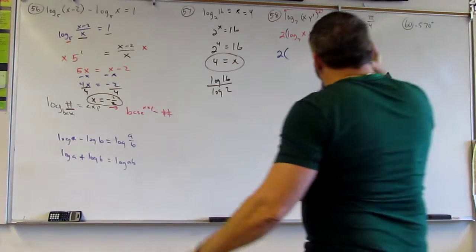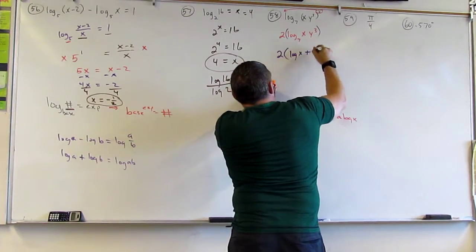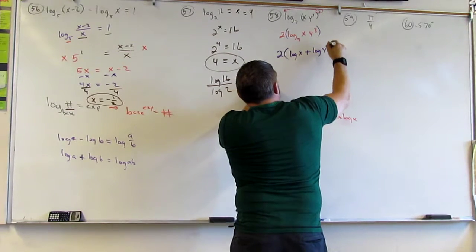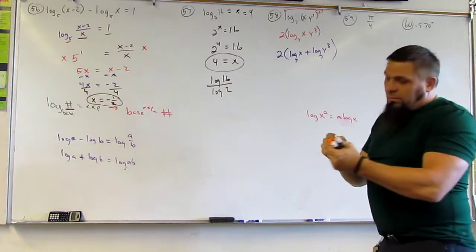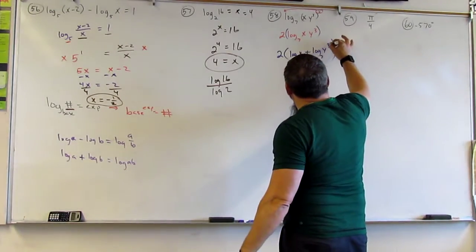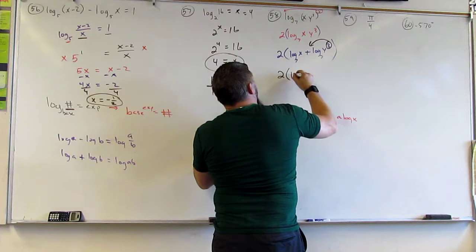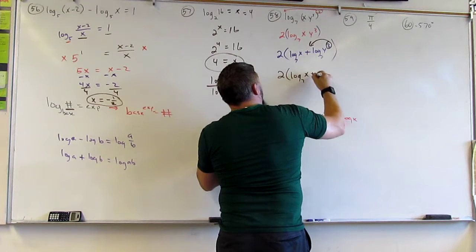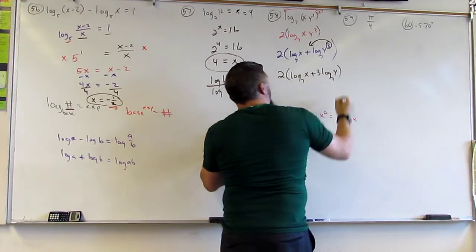So the quantity of log x plus log y to the 7th base. Okay? And then we take this guy and move it out front. 2 times the log base 7 of x plus 3 times the log base 7 of y.